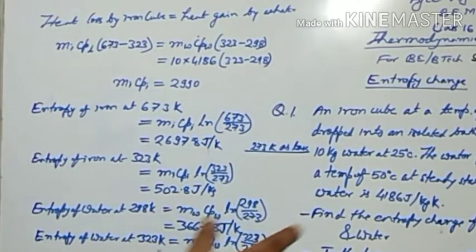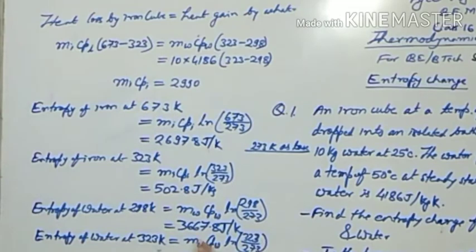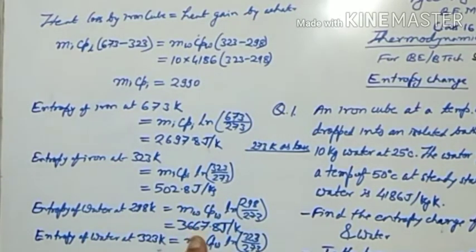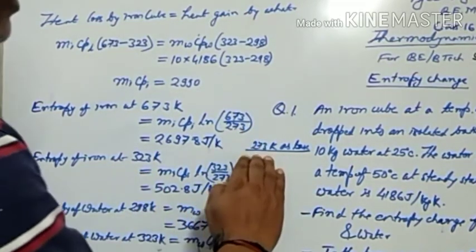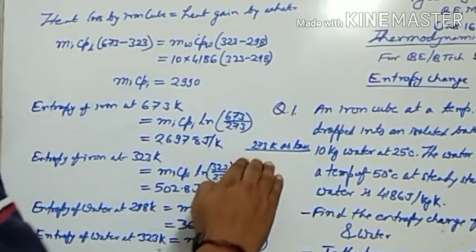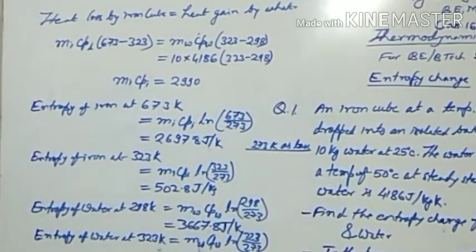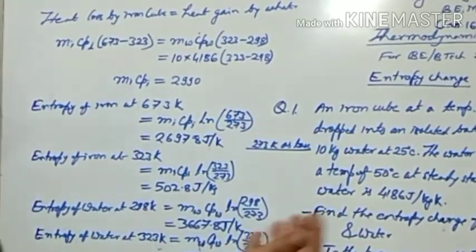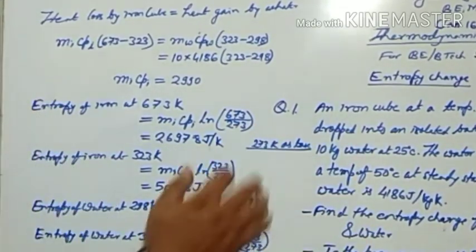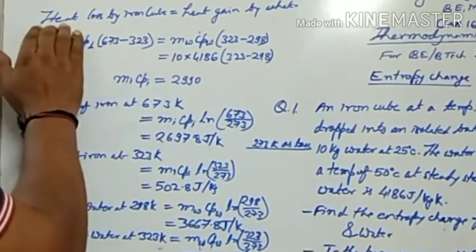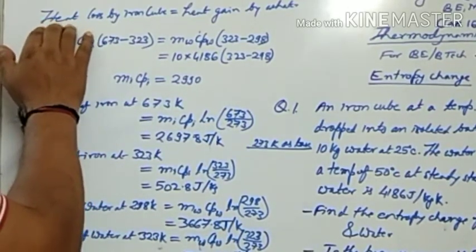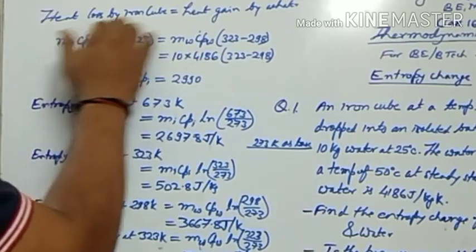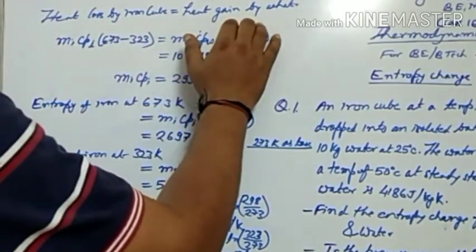First we'll take 273 Kelvin as a base temperature, because all the temperatures given are above that. So let us find out the heat lost by the iron cube, which is equal to the heat gained by the water.